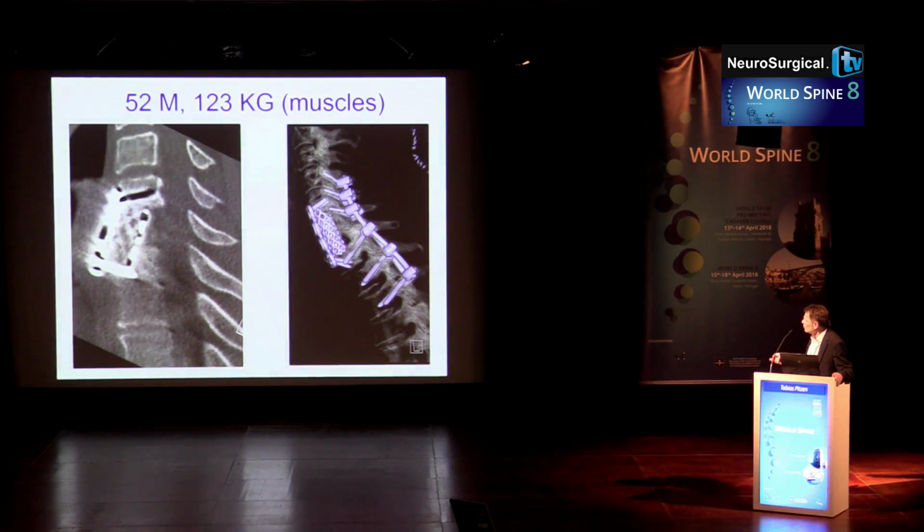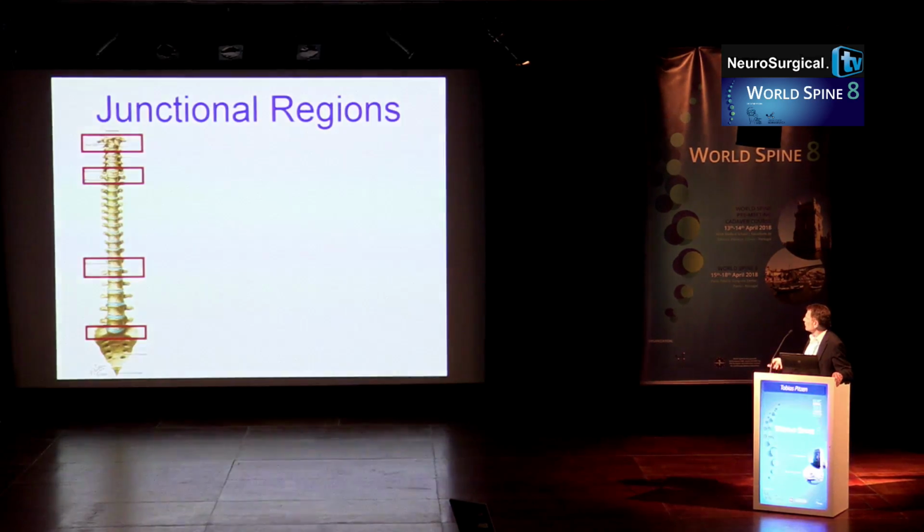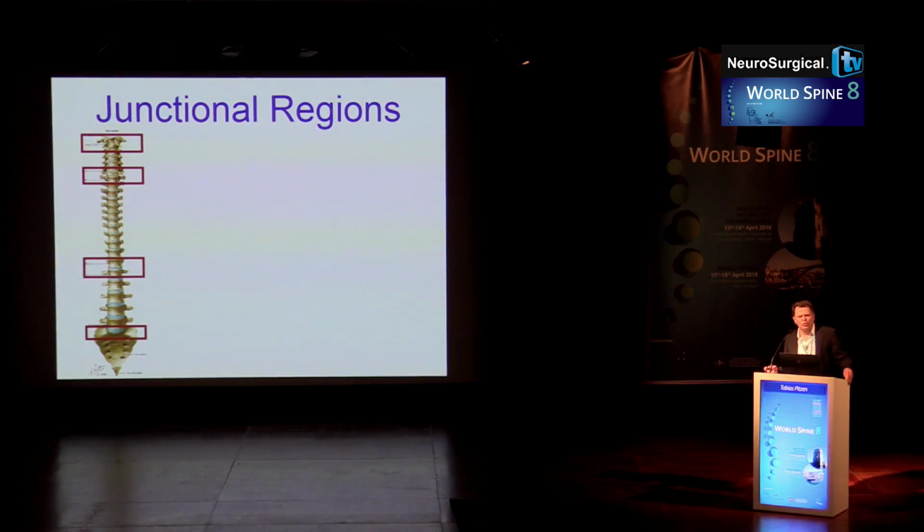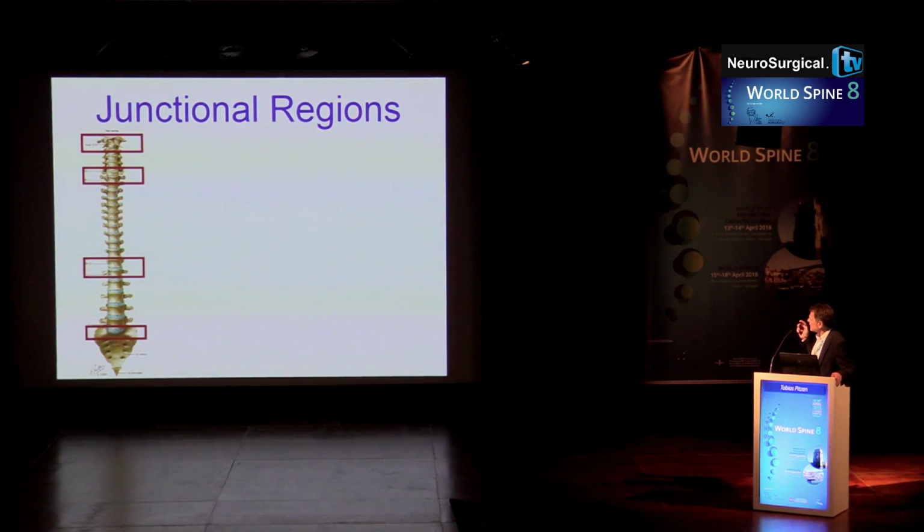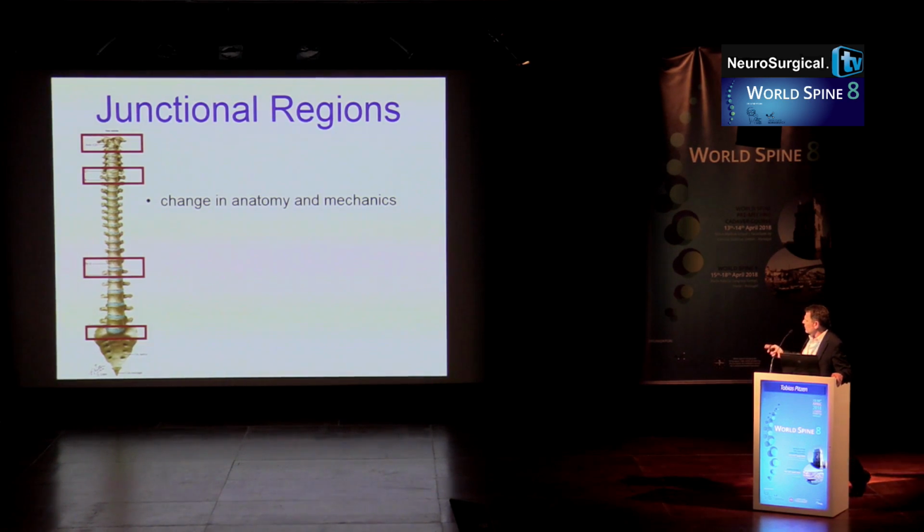Another topic where you should add posterior instrumentation in spinal mechanics is at the junctional regions. In junctional regions, you have a traumatic change in anatomy and mechanics. Take care, you need a longer fixation here.